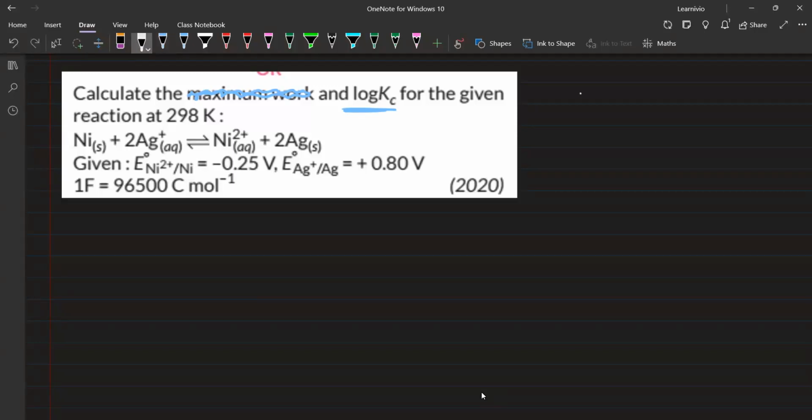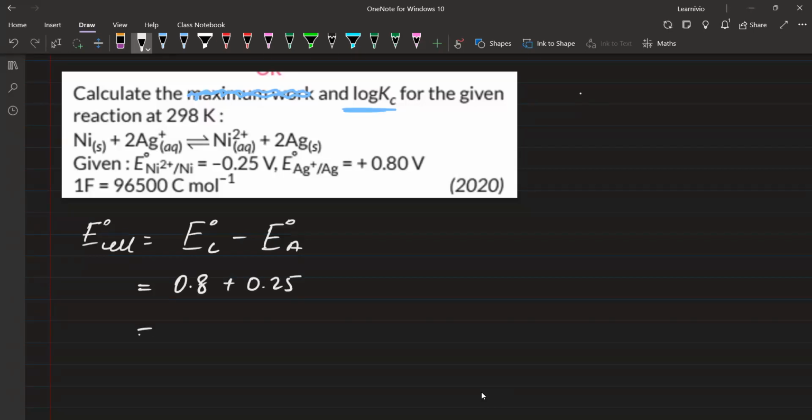Okay. So first of all, we need to calculate the E naught cell. E naught cell will be equal to E naught cathode minus E naught of anode. E naught cathode is how much? 0.80, minus minus 0.25 will be plus 0.25. This will be equal to plus 1.05 volt. Then we will put the formula: log K will be equal to n E naught by 0.059. What is the n value? From this particular equation, we can see that it is equal to 2.